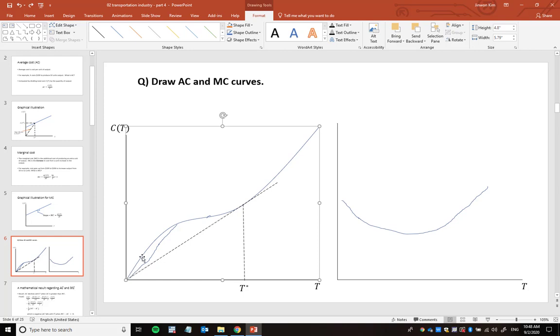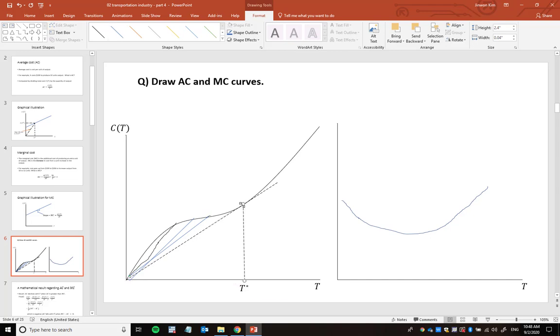Because, as you can see, look at these lines here. Let's look at this line here. Relative to this one, it's flatter. Relative to this one, it's flatter here. So as T is larger, average cost is declining.